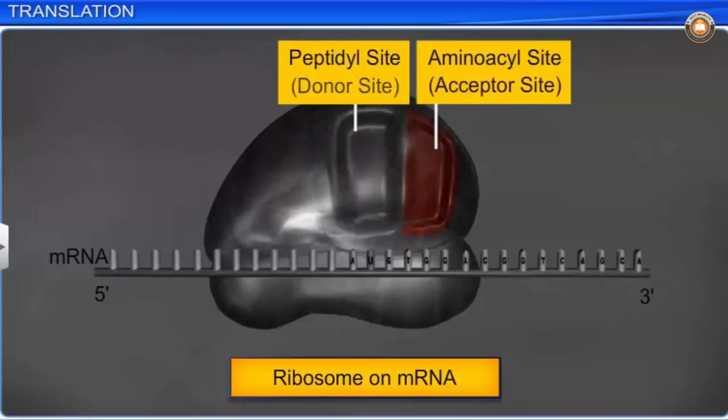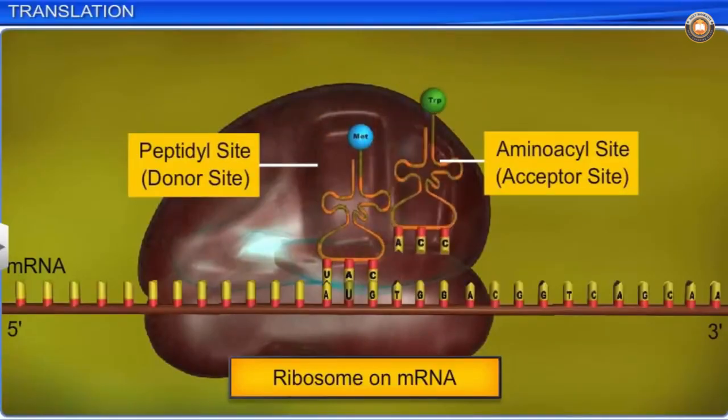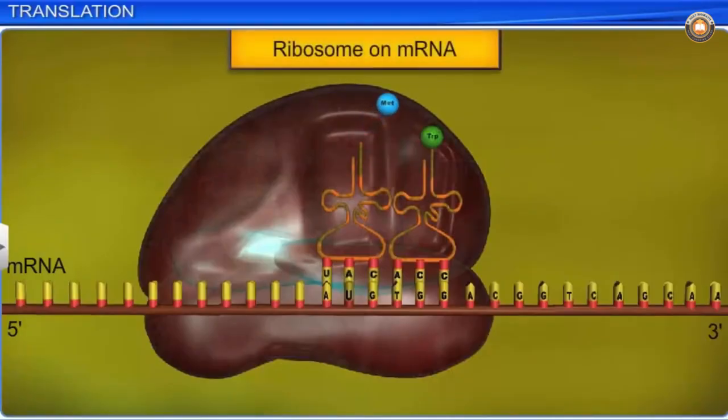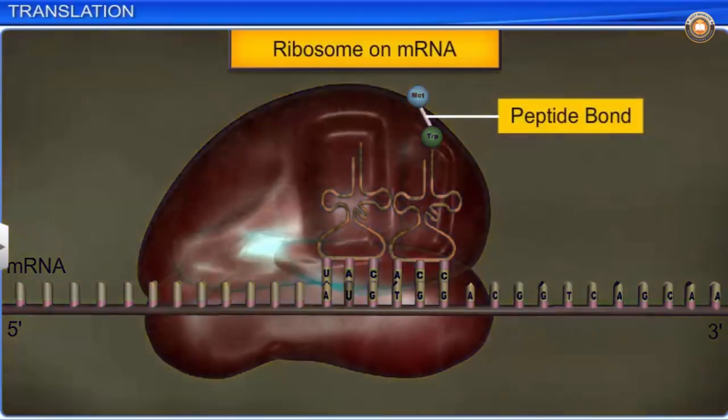At these sites, the two subsequent amino-acyl tRNAs bind and facilitate the formation of a peptide bond between the two amino acids. The ribosome also acts as a catalyst in the formation of the peptide bond.